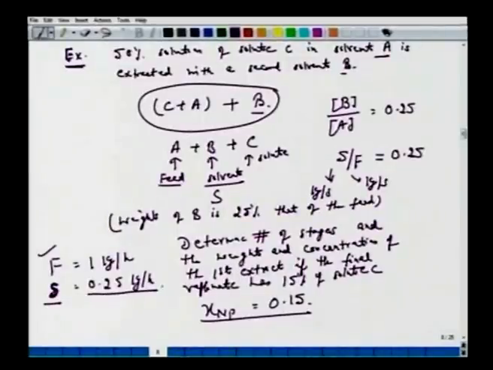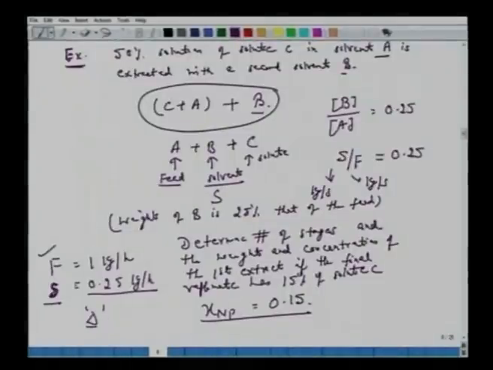Essentially we will look for delta and not delta min, because here S is already given to us. If instead of 1 kg per hour you choose 100 kg per hour, S will become 25 kg per hour, and you will get the same number of stages as in the earlier cases.